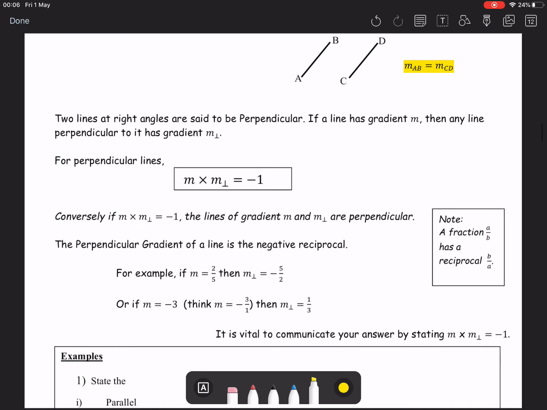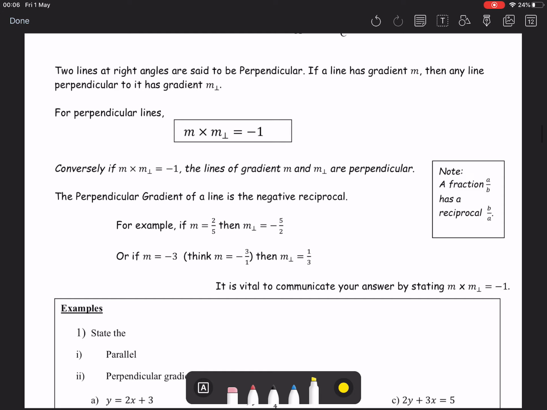Our new content today is two lines are said to be perpendicular. If a line of gradient m has a perpendicular gradient, and we have an m with an upside down T to notify a perpendicular.